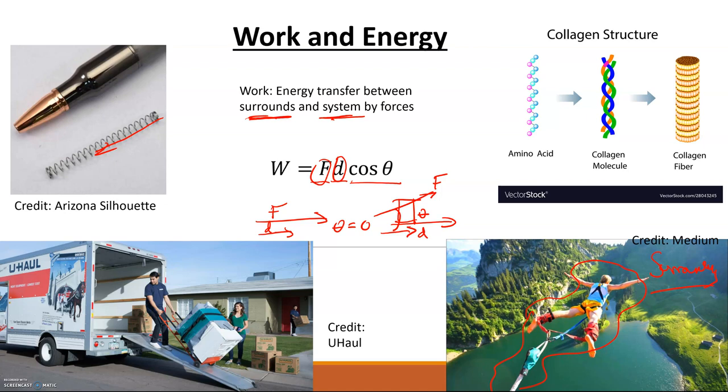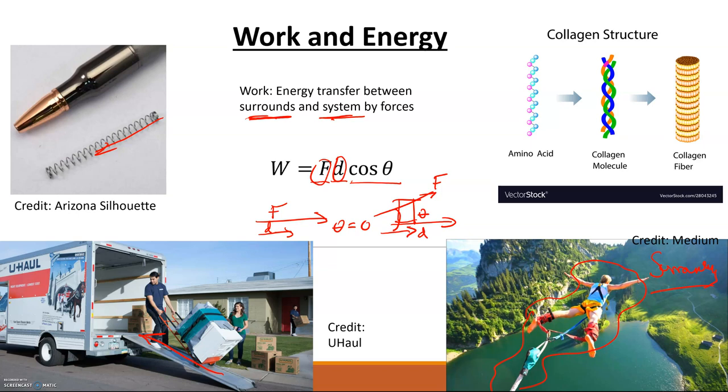What about down here with moving? Well, with moving, we have to do work to move our objects. We're applying a force up the ramp to get our objects up into the vehicle. And so we have to apply that force over some distance.